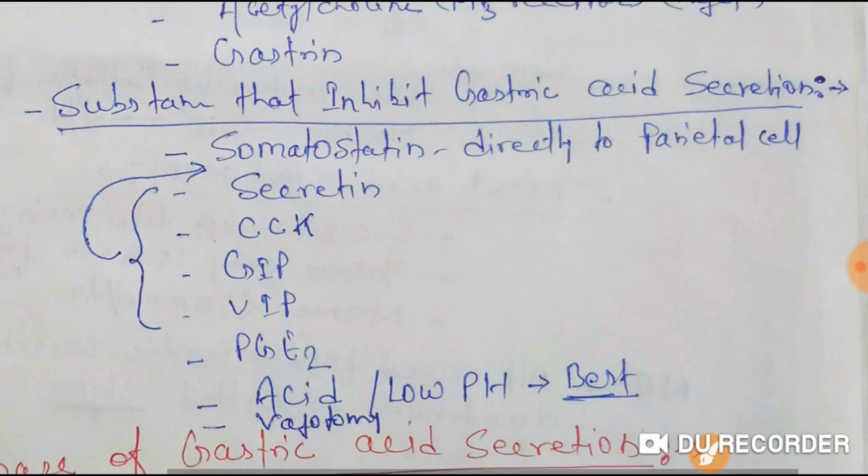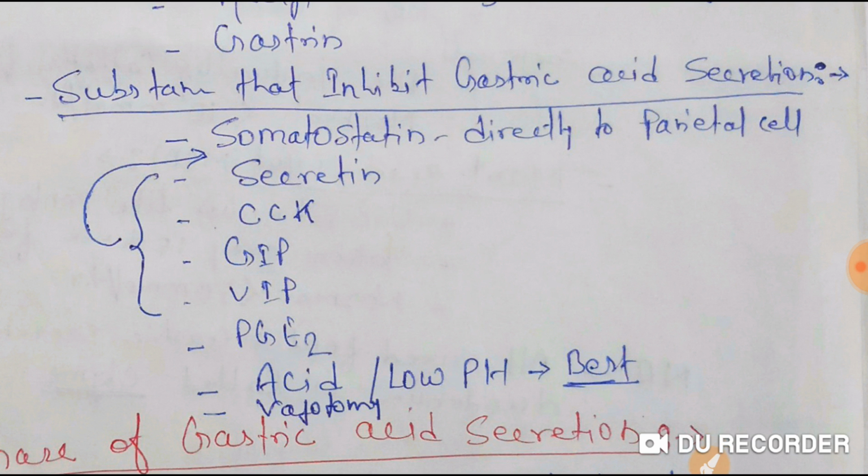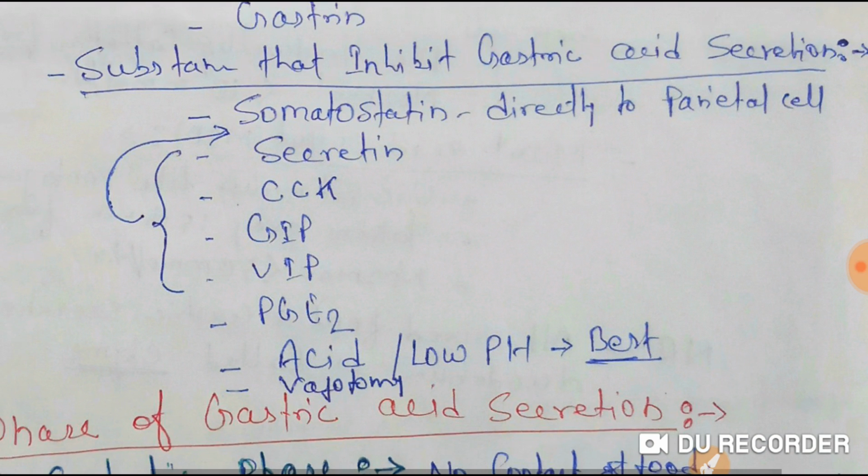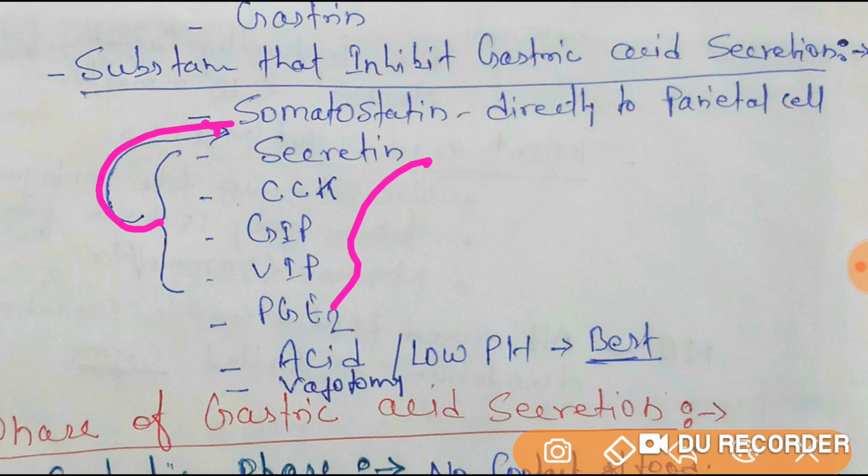The next substance that inhibits gastric acid secretion is somatostatin, which acts directly on the parietal cell. Secretin, CCK, GIP, VIP act indirectly: first of all they activate somatostatin, and somatostatin directly inhibits the parietal cell for gastric acid secretion inhibition.